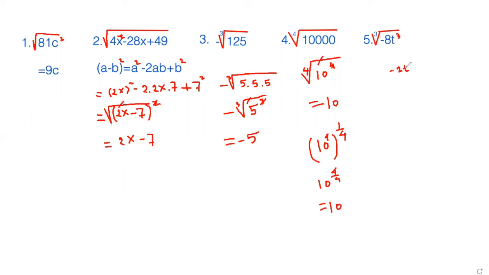Negative 2 to the power 3 is exactly, if we multiply negative 2t three times, then we should get negative 8t to the power 3. The index is 3, and this radical sign and this cube cancel. So the answer is negative 2t.